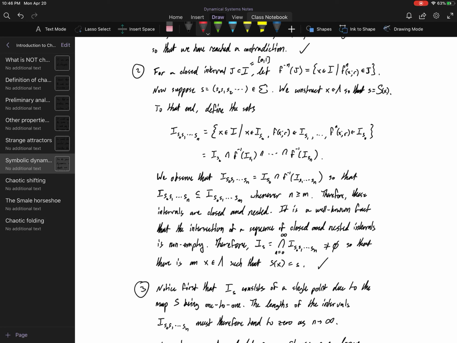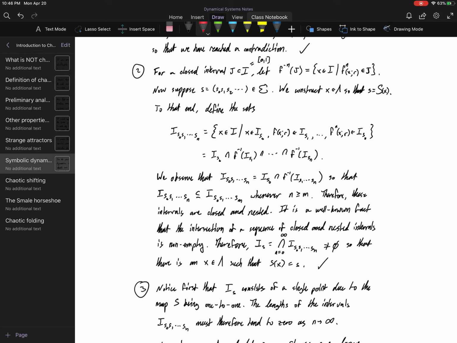We're going to say this I sub S0, S1 out to Sn is going to be all of the points in the interval that are in either I0 or I1, and whose pre-image is on a particular side of A0, and whose second pre-image is on the S2 side, and whose third pre-image is on the S3 side. So the S0, S1 out to Sn are going to be partial sequences of 1s and 0s.